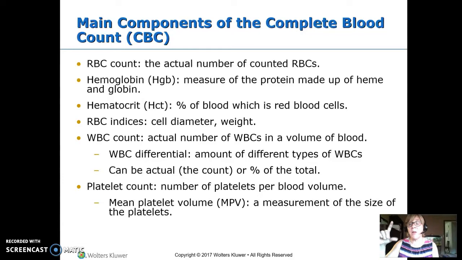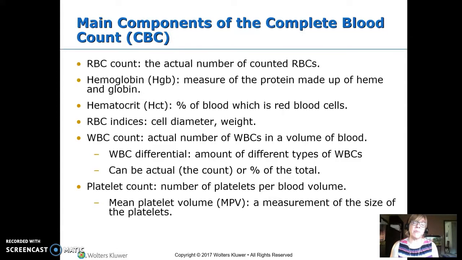Hematocrit is a percent where we spin the blood and separate out the plasma versus the red blood cells. So those really all, red blood cell count, hemoglobin, hematocrit, are different ways of looking at the same thing. We're asking, is there adequate oxygen carrying capacity of your blood?